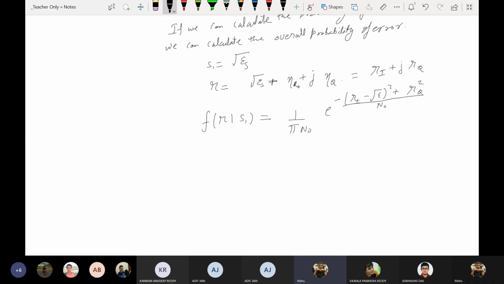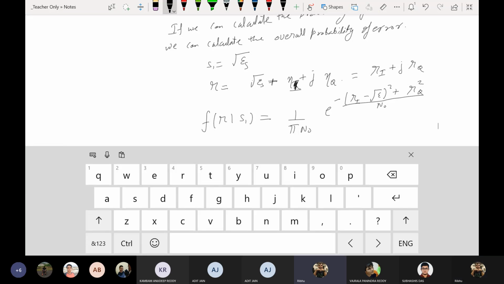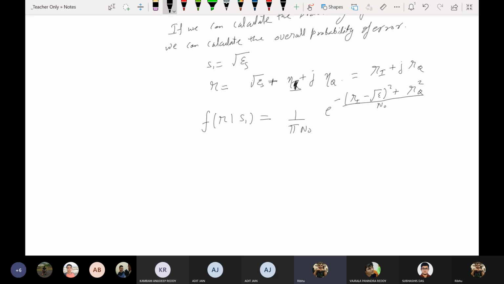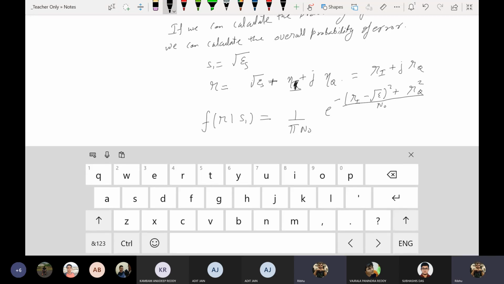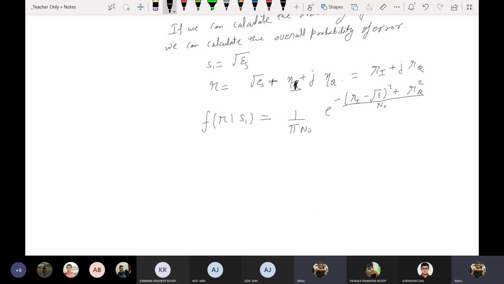Oh, wait a second. R plus JQ. Sorry, I plus JQ. Yes, sir. So in phase and quadrature. I'm more comfortable with that. That's why I wanted to write I here, but naturally it came out as Q. So let's follow I and Q here.